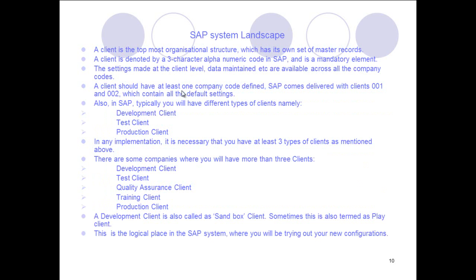The system landscape of SAP. A client is the topmost organizational structure, which has its own set of master records. A client is denoted by a 3-character alphanumeric code in SAP, and it is a mandatory element. The settings made at the client level, data maintained, etc., are available across the company codes.